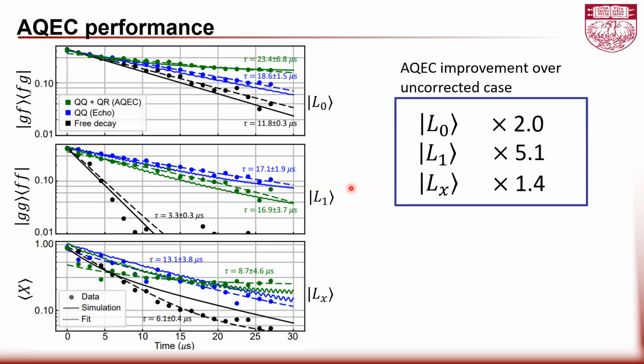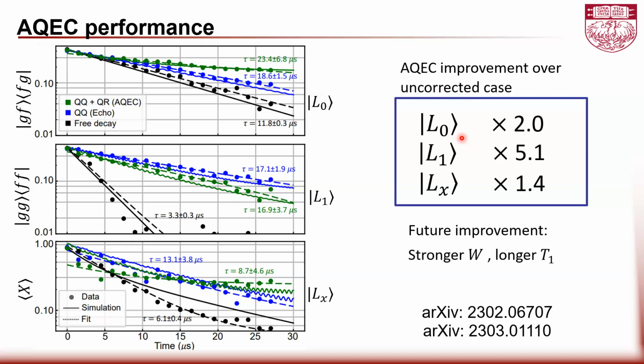So we have shown here about 24 microsecond T1 after error correction for L0, 17 microseconds for L1, and about 9 microseconds for LX. The improvement over uncorrected logical states is a factor of 2, a factor of 5, and a factor of 1.4 respectively.